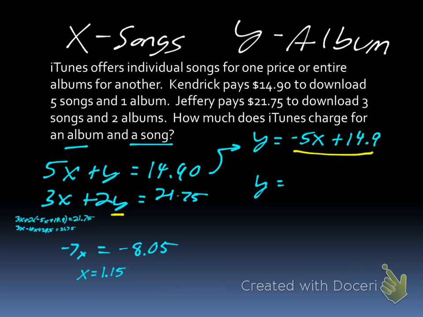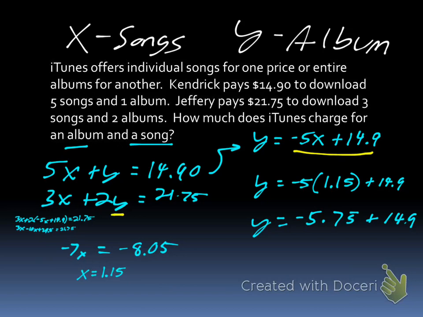Get y equals negative 5 times 1.15 plus 14.9. So y equals negative 5.75 plus 14.9, which gives you y equaling $9.50.